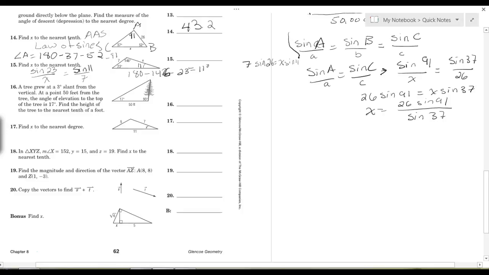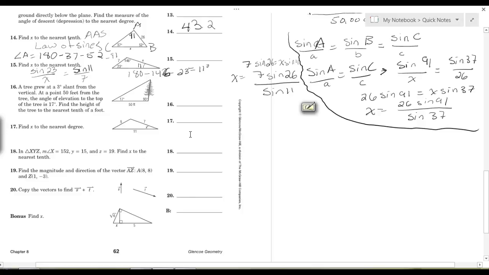I'm going to draw a little line here to make sure we can see what we're working on right now. I'm going to divide both sides by sine of 11. So X is going to equal 7 sine of 23 over sine of 11.